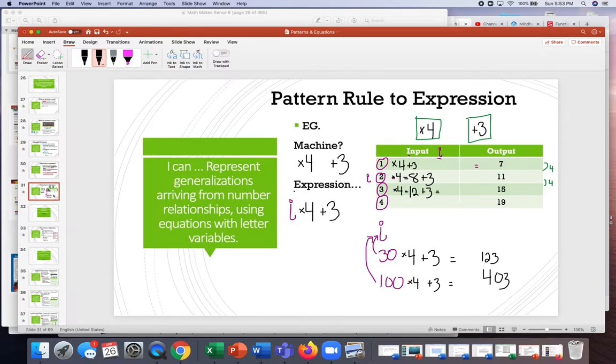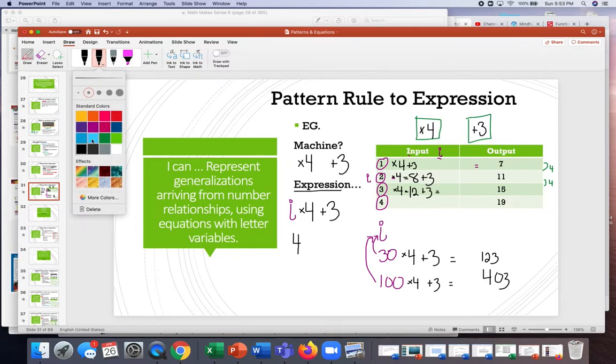That is my expression for this. I've used the variable to represent the input. This is one way I could write it. What if I did it like this? For I.